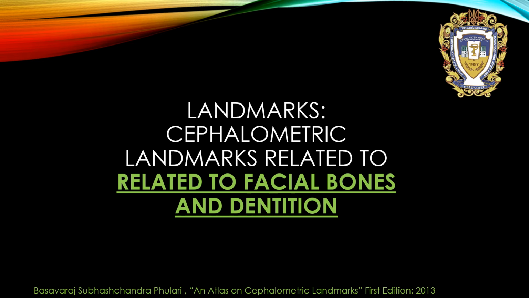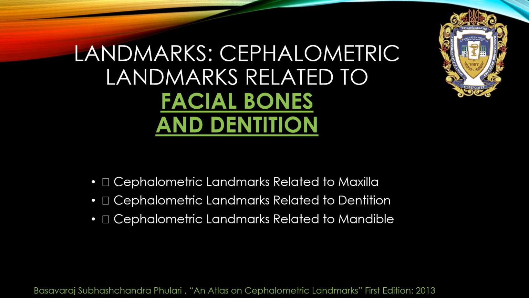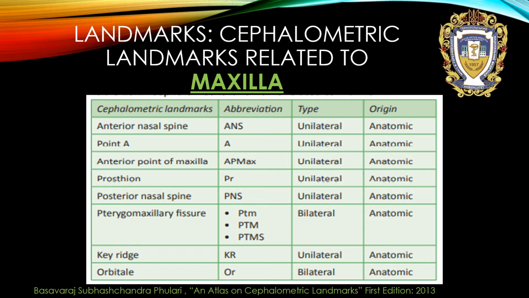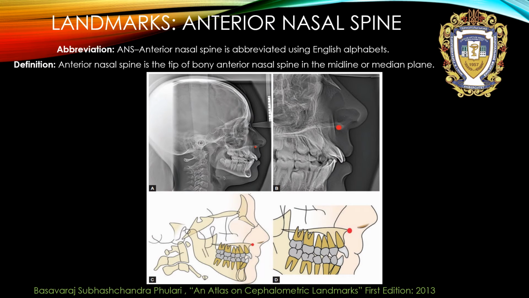And landmarks related to facial bones and dentition. Cephalometric landmarks related to maxilla. As you can see, there are so many points, and most important are anterior nasal spine, ANS abbreviation.